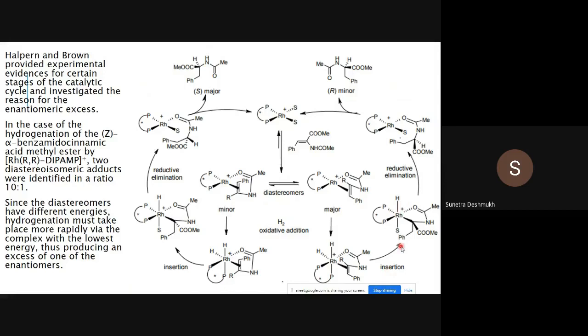Then insertion of hydrogen: one of the hydrogens is inserted into the carbon-carbon bond. Okay, so on both sides the same mechanism is applicable. Then reductive elimination.